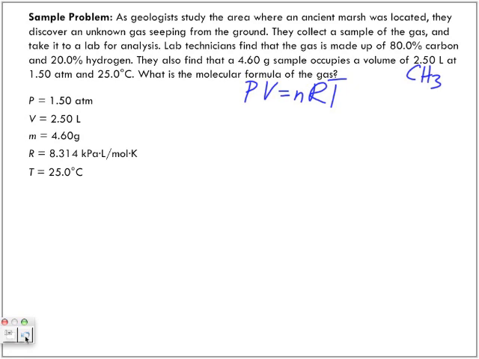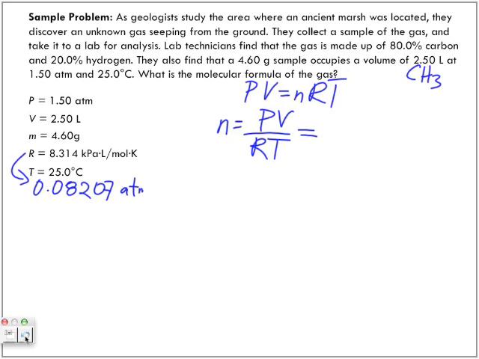Now we want to find the number of moles in this sample, so n is equal to PV over RT. Remember that my new R value was 0.08207, and now it's in atmospheres, liters per mole Kelvin.